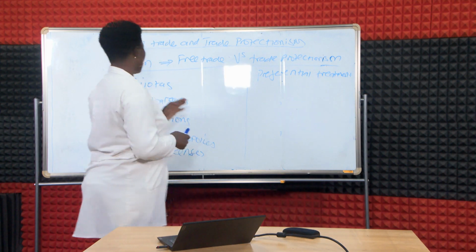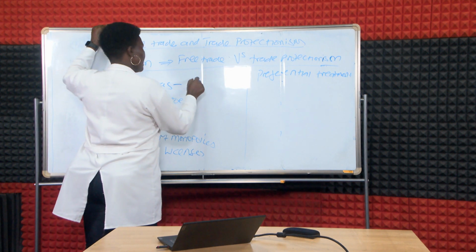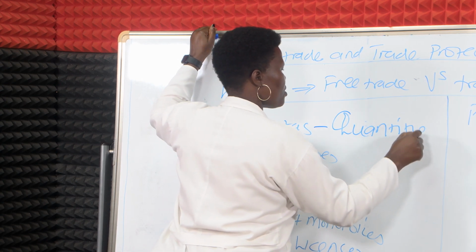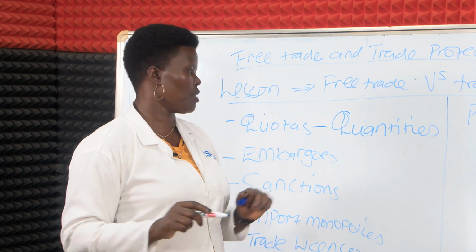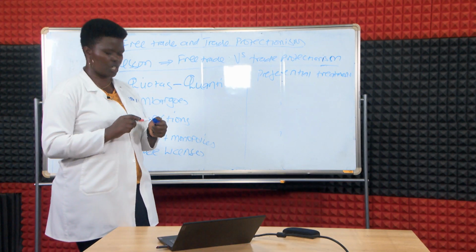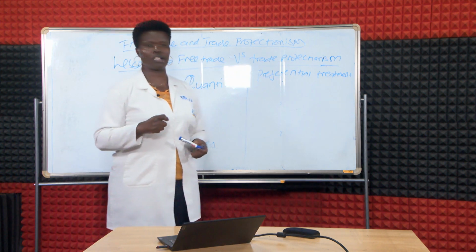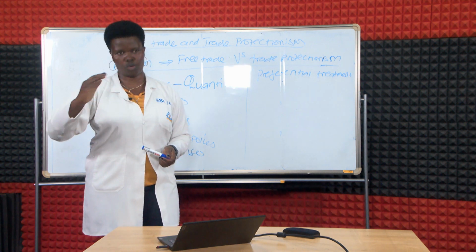So that means that if we talk about quotas, we are trying to restrict the physical quantities of goods and services that are supposed to either be imported or exported. Now let's dwell on importation because the major purpose for trade protectionism, in most cases, is to protect the domestic infant industries to take root.